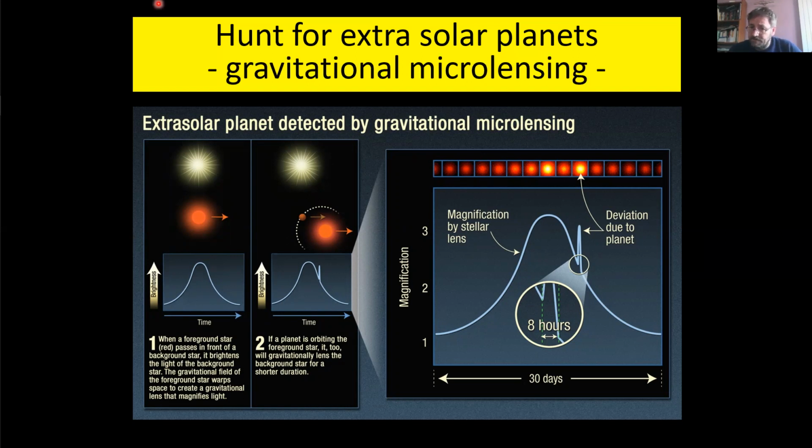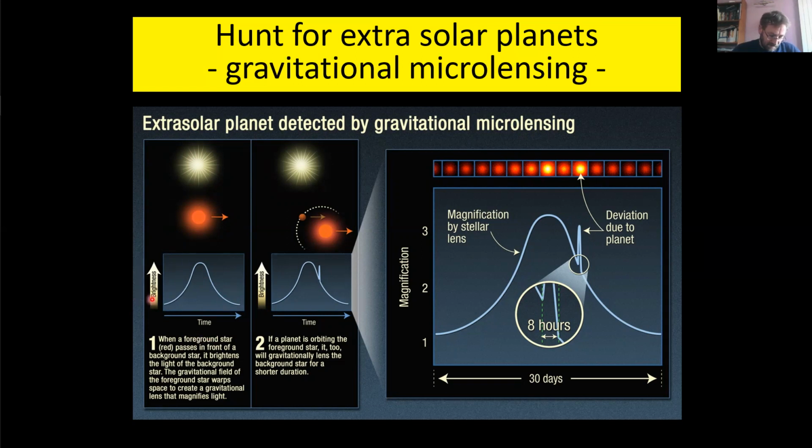The other method, the second method that is nowadays proposed to see even smaller ones. But here again the problem is if we have a foreground star and a background star. Now if the foreground star moves past, it might cause gravitational lensing, which means the light that would otherwise pass the Earth is now also gravitationally lensed towards the Earth.